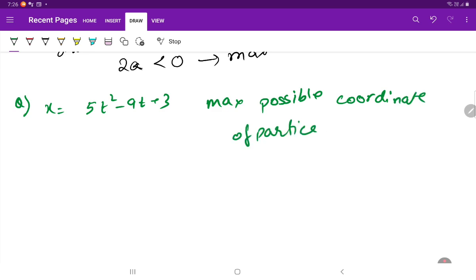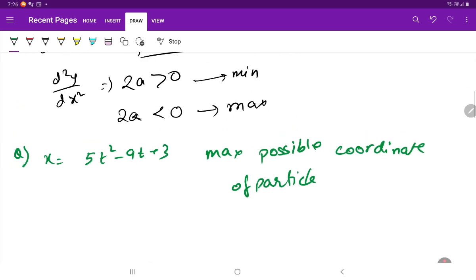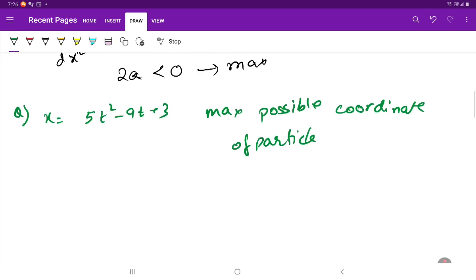As I just said, 2a greater than 0 implies a minimum. Since 2a is 10, it is greater than 0. So this curve will have a minimum rather than a maximum. So x is minimum when time is equal to 9 by 10 seconds. Hope you get it.